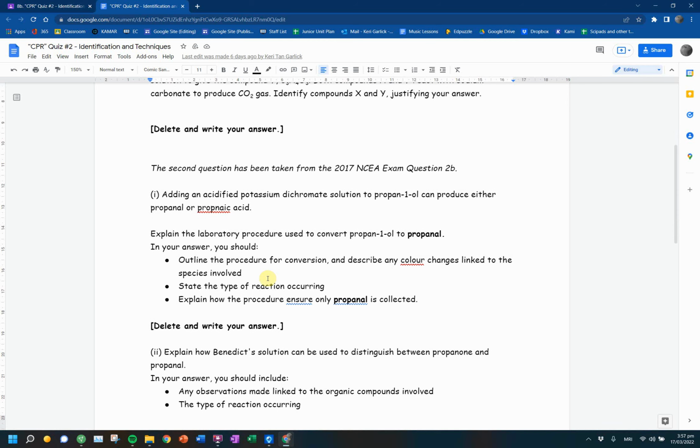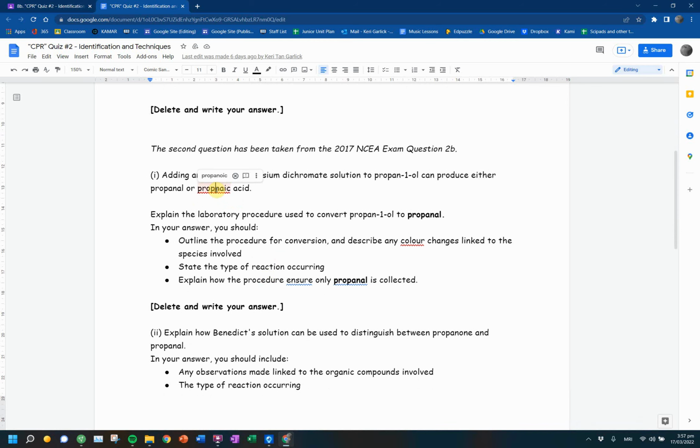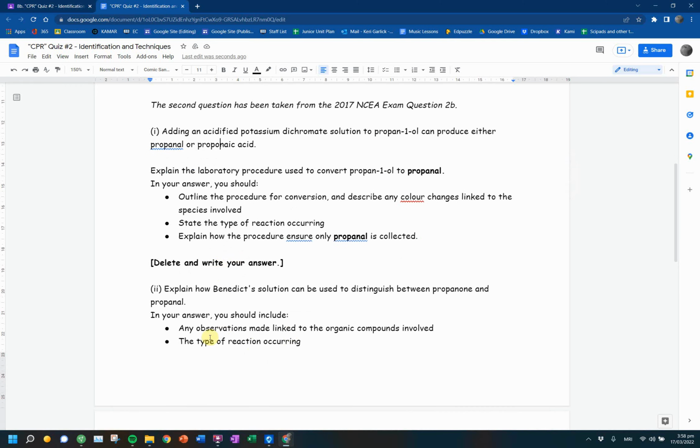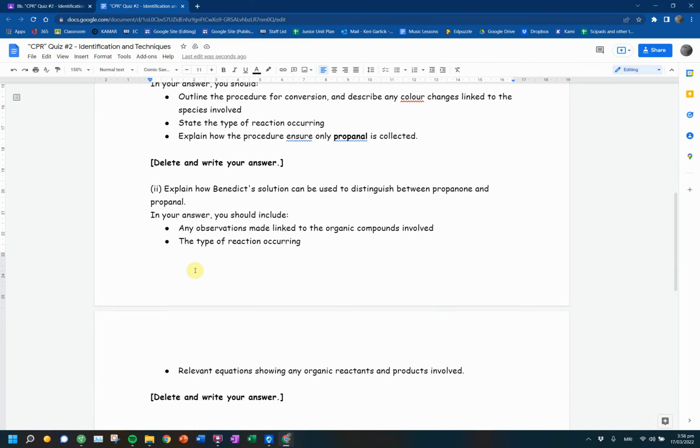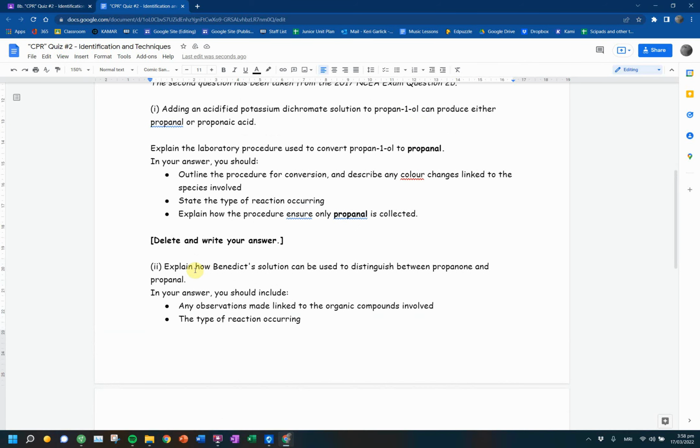All right, the next question here was just looking at techniques. So you're doing the alcohol to the aldehyde and the alcohol to the carboxylic acid and outlining why. And then there's also the distinguishing test between the ketones and aldehydes, which is some of the new material that we've covered.